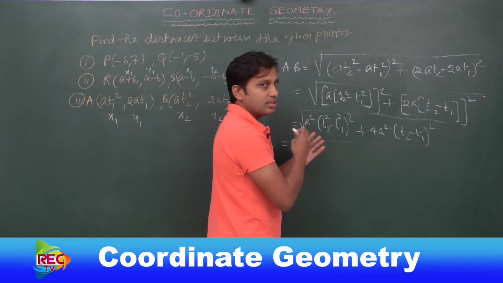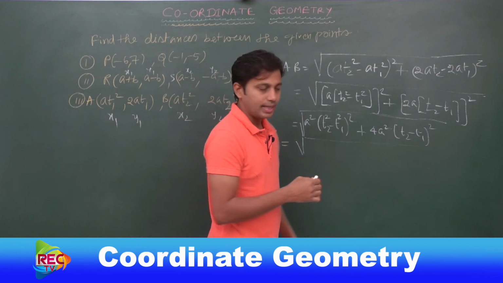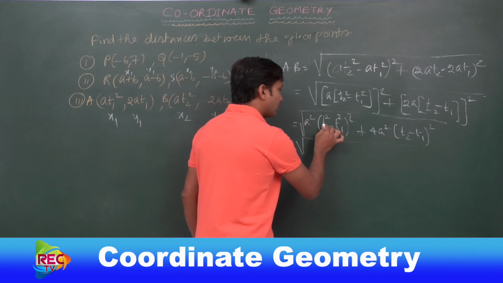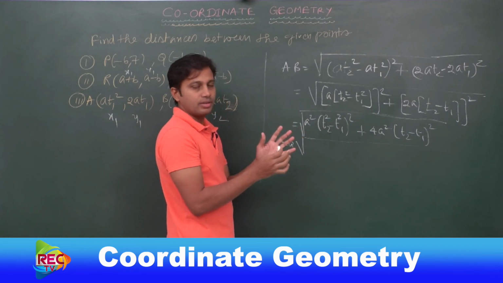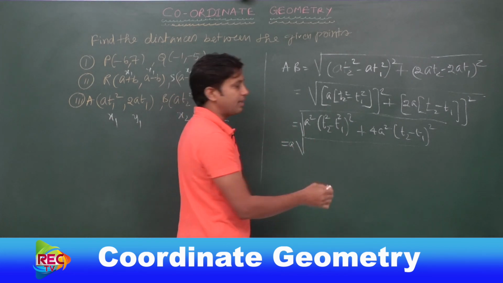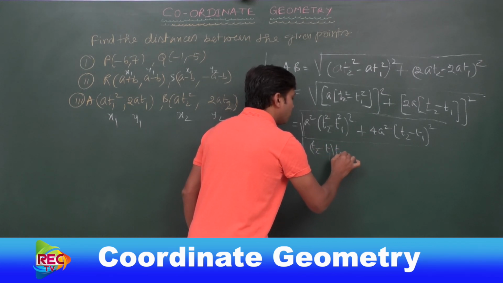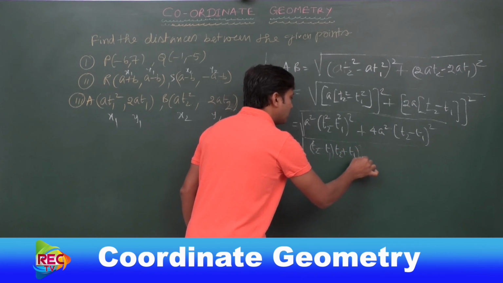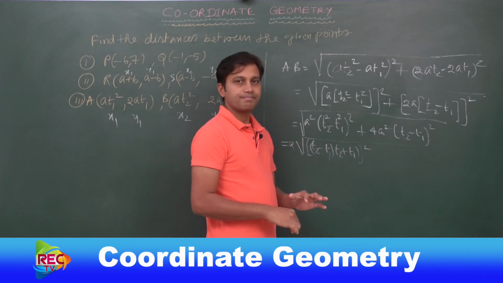When a square comes out, the square will be cut down with the square root and a will come out. Now a is not there inside. Now inside this bracket, a square minus b square is there. Write it down, split them into a plus b into a minus b. That is your t2 minus t1 into t2 plus t1. For this whole square is there, for this whole square is there.